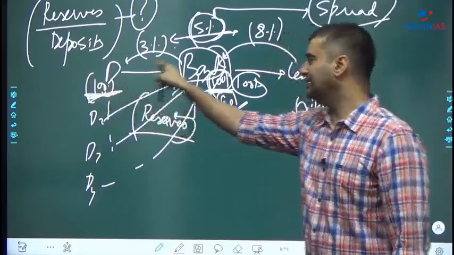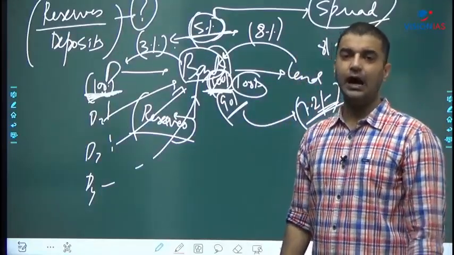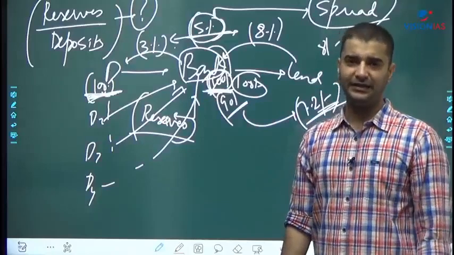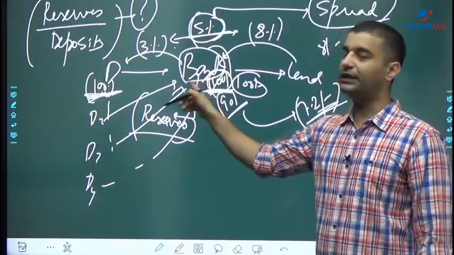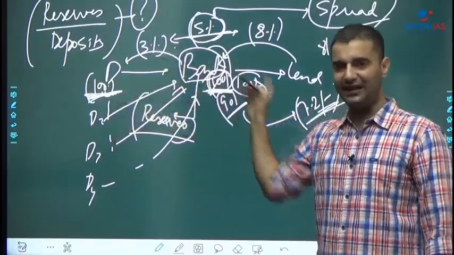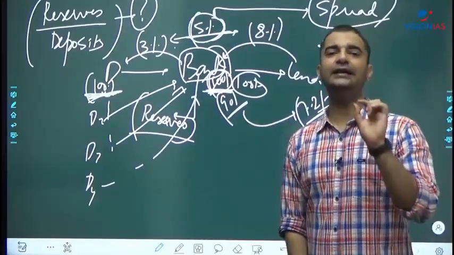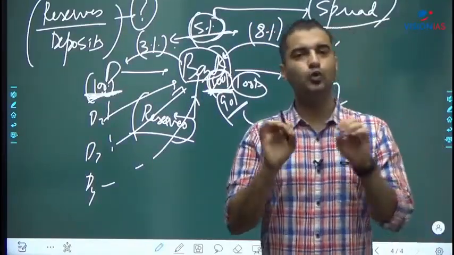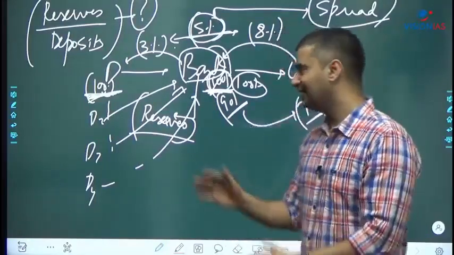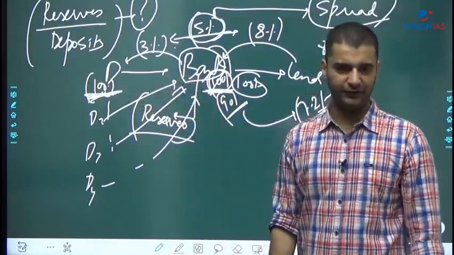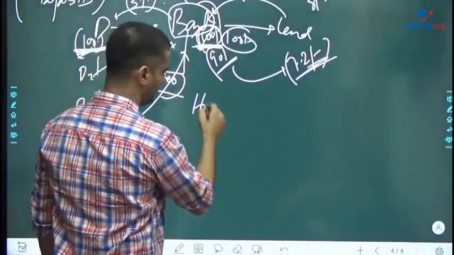जो 100 रुपए हैं, this entire amount of money cannot be lent. How much of it can be lent is dependent upon two things. How much of money out of this 100 can be lent is dependent upon two things. Number one, it is dependent upon bank's own discretion that how much does it assess will be needed by depositors. I'll repeat, please pay attention.